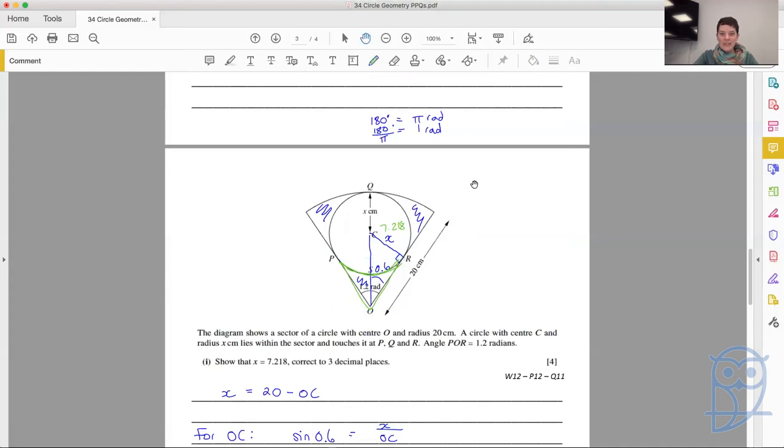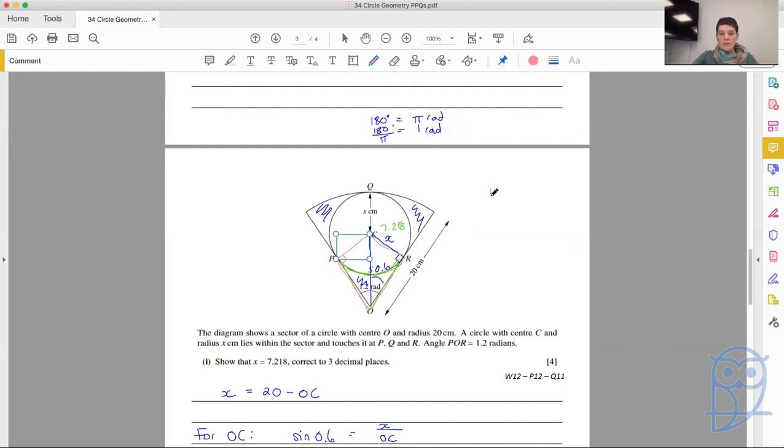So we get nice and clever again here, because every radius that meets every tangent does so at 90 degrees. So this here is also at 90 degrees. So we've now got a quadrilateral, have we not?